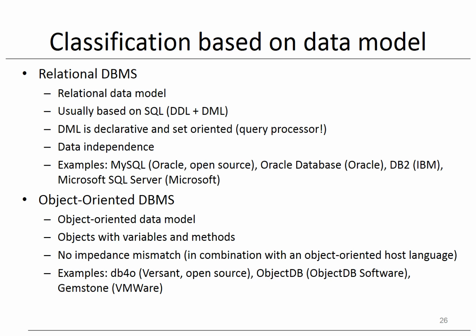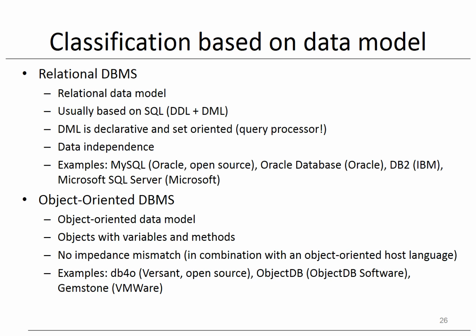Relational DBMSs use the relational data model and are the most popular in industry nowadays. They typically use SQL, or Structured Query Language, for both DDL and DML operations. SQL is declarative and set-oriented. A query processor is provided to optimize and execute the database queries.